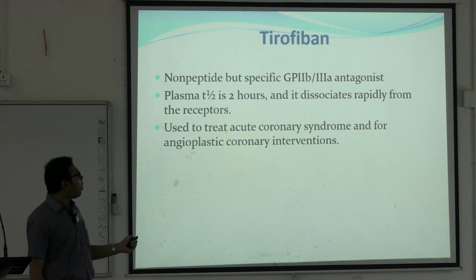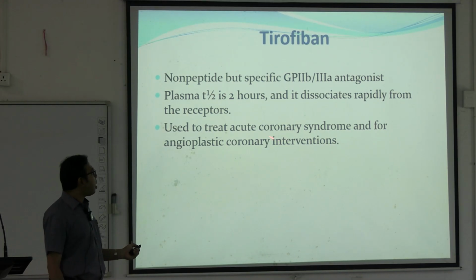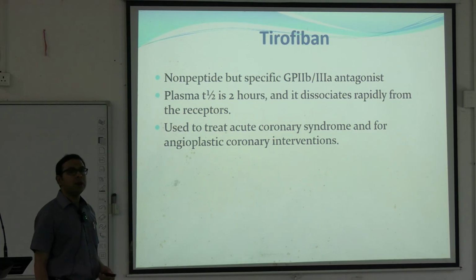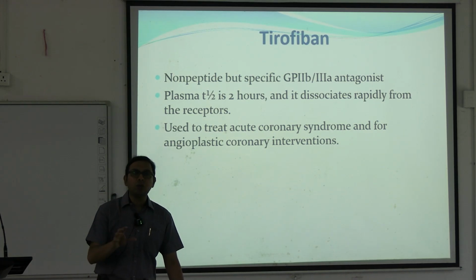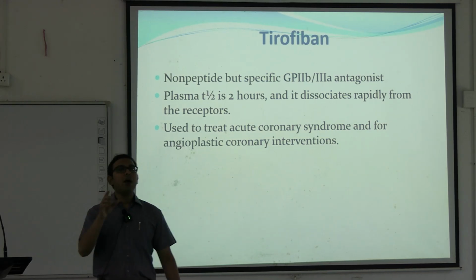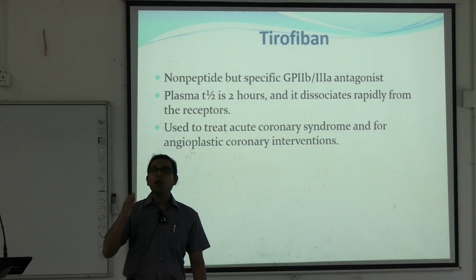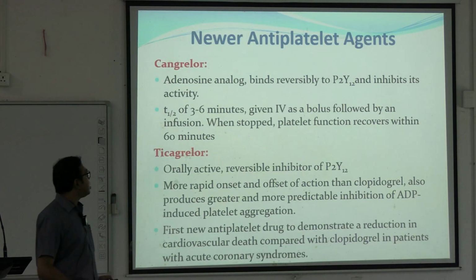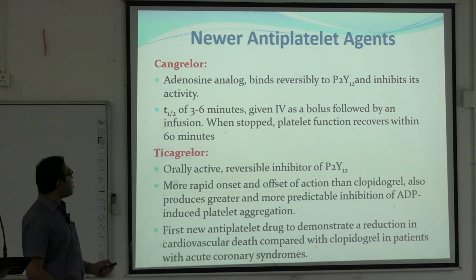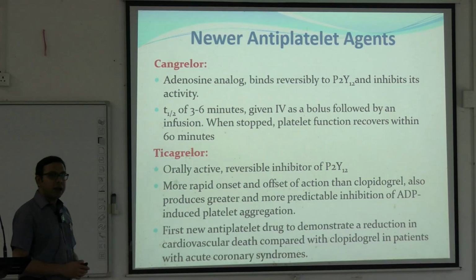Plasma half-life is 2 hours, and it dissociates rapidly from the receptor. Again, it is used in acute coronary syndrome and percutaneous coronary intervention. So GP2B3A receptor inhibitors are mainly used during percutaneous coronary intervention or coronary angioplasty to decrease the chances of restenosis.